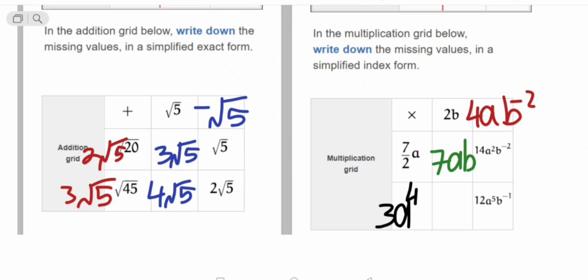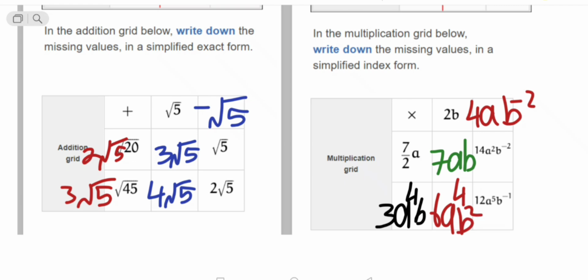B power minus 1 divided by B power minus 2, which is equal to B, because 2 minus 1 will be positive, because when dividing, it comes up positive, so B. Then this multiplied by this, the answer is here. So 3 times 2, 6. Then A power 3, A power 4, we don't have A, so A power 4. B multiplied by B is equal to B square. Clear? This is our answer.